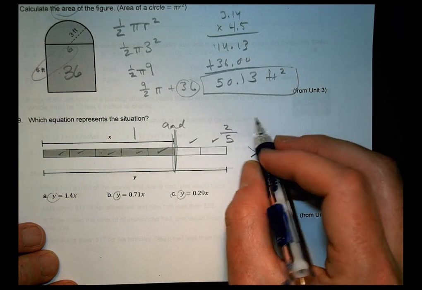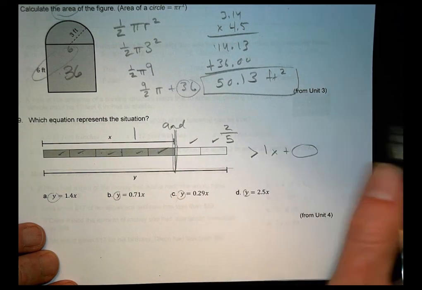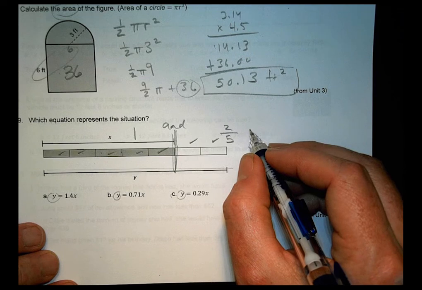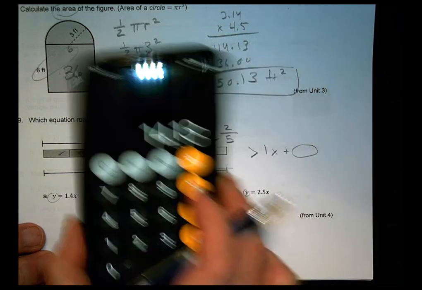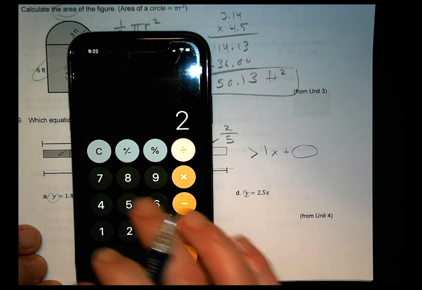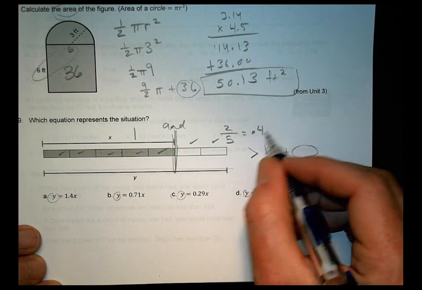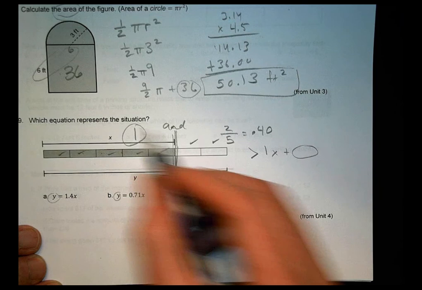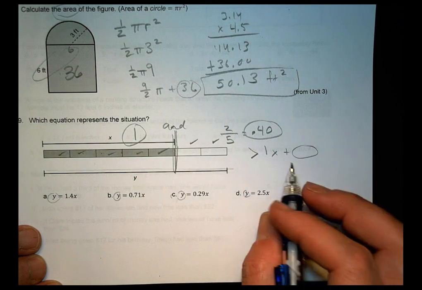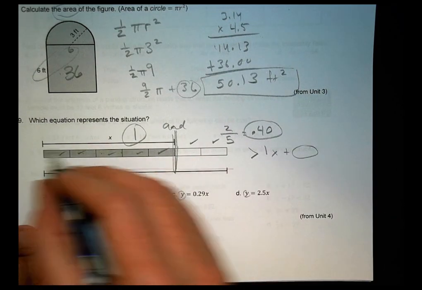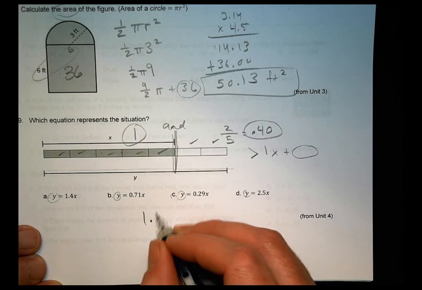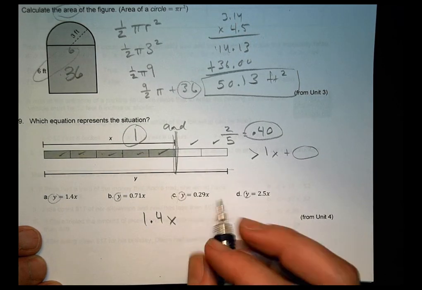You could do a fraction if you want to, or divide it with a calculator. 2 divided by 5 is equal to 0.4. So with the 1 and 0.4, we're talking about 1.4x. That's what we're looking at.